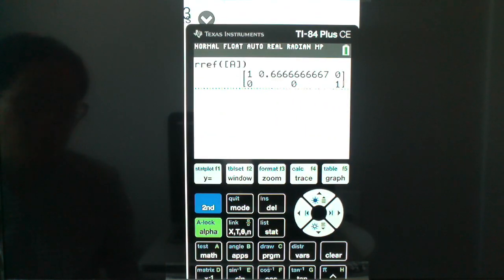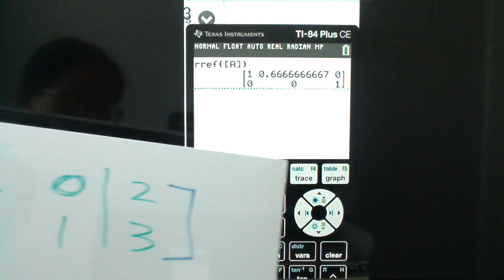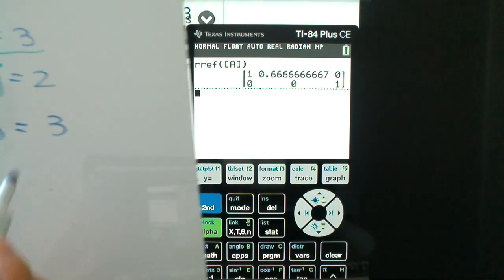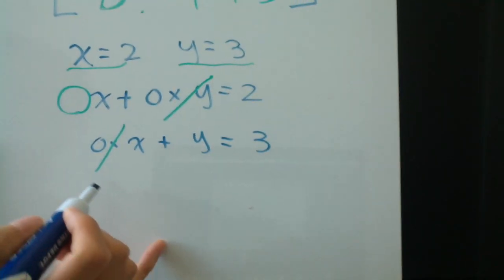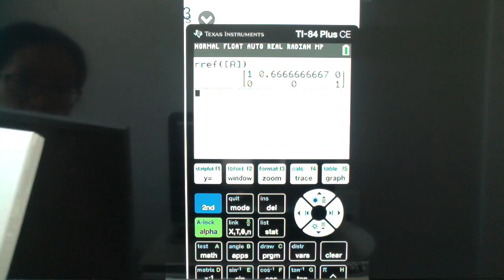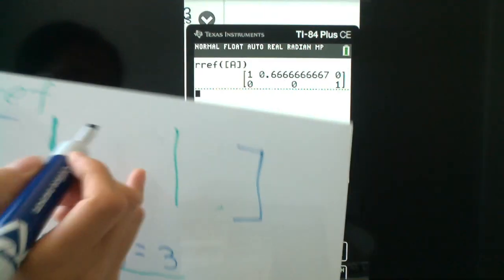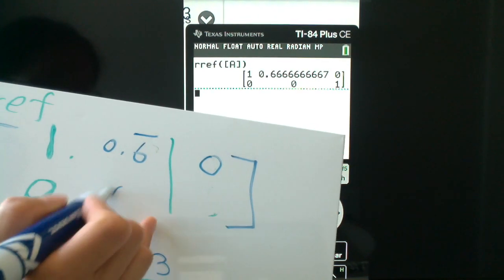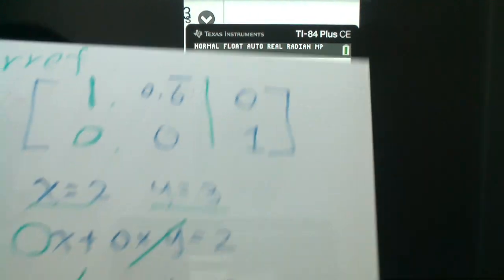Isn't it a little weird? Look at this. So what you see, this means if the matrix is, I will write here what we got. 1, 0.666 is 0, 0, 0, 1. Right?